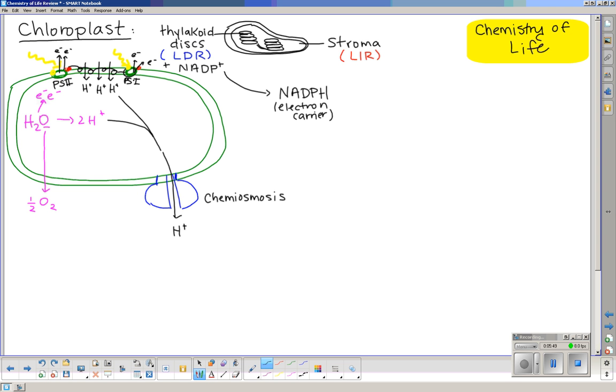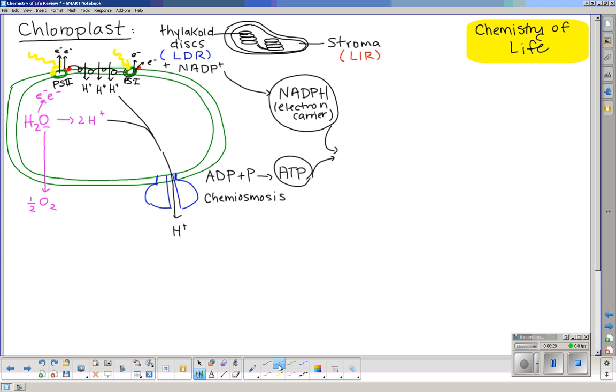Because the hydrogen built up in the thylakoid lumen, a concentration gradient was formed, and that's a source of potential energy. As the hydrogen leaves, that potential energy is released to do work, and that work is taking ADP, or adenosine diphosphate, adding a free phosphate to make a full and ready ATP molecule, adenosine triphosphate. Coupled with the NADPH, these two molecules are ready to enter into the second stage of photosynthesis, the light-independent reaction.